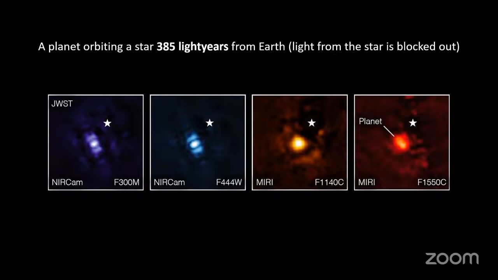So where this white star image is in these pictures is actually the location of the star the planet is orbiting around. And then you can see this bright spot next to it is actually this planet. It's a very large planet. It's actually several times larger than the mass of Jupiter. But JWST was able to image this planet orbiting another star.